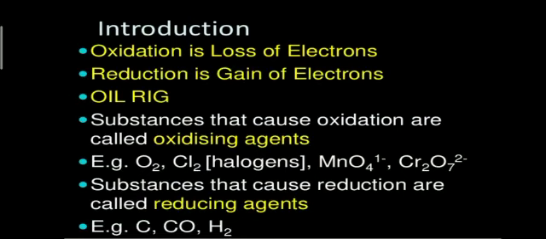As you know, what is oxidation and what is reduction? Oxidation is basically the loss of electrons and reduction is the gain of electrons, as we have studied in the previous lecture. OIL RIG means oxidation is loss while reduction is gain. Substances that cause oxidation are called oxidizing agents.